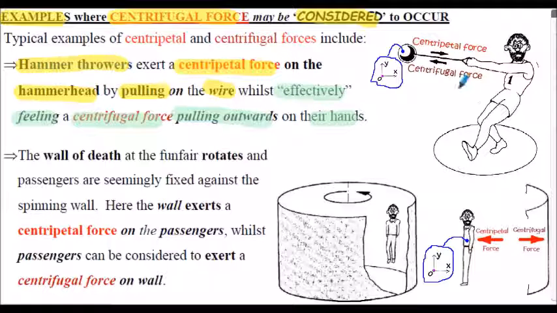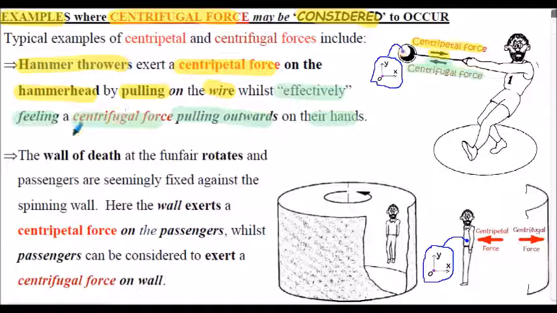So here's the centripetal force applied by the hammer thrower on the hammerhead, and here's the centrifugal force, the outward force that can be considered exerted by the hammerhead. Again, this is D'Alembert's principle, and of course D'Alembert's principle assumes we have body fixed axes, in this case on the hammerhead.